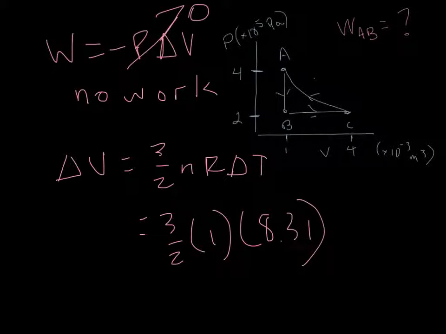Delta T is 12 minus 3, 9 K. So 3/2 times 8.31 times 9 K. Well, 9 times 8 would be 72, maybe 75. 75 times 3/2. I can't do that. Let's try a calculator. Calculators are my friend. 8.31 times 9 equals... It gives me an error.